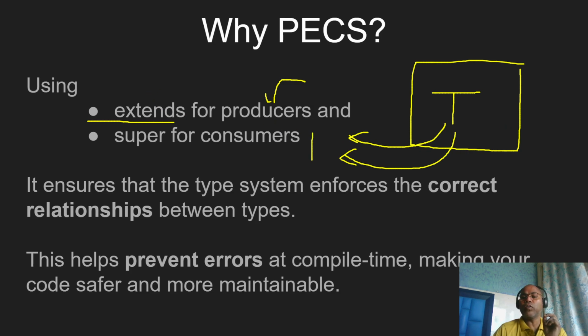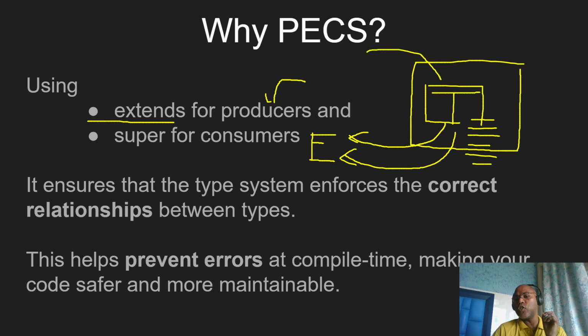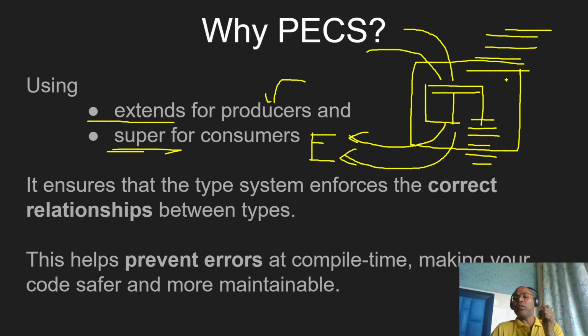So for returning value, we use the extend keyword. This means all the subtypes of its boundary type. And similarly, you might define a type where the class is going to consume value, receive value. In this scenario, you can use the keyword super. Super means all the super types. They allow all the super types.